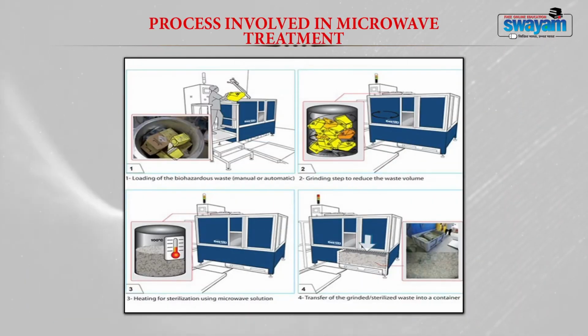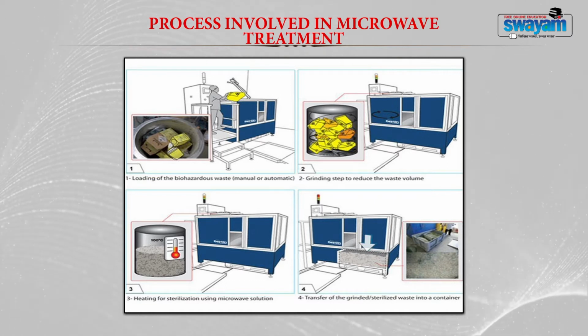Now, this image shows you the various processes involved during the microwave treatment process. One, you load the waste or the biowaste either manually or automatically. Manual means a person will be adding the waste, and automatic means machines are used. The second step would be the grinding step, where you reduce the size.